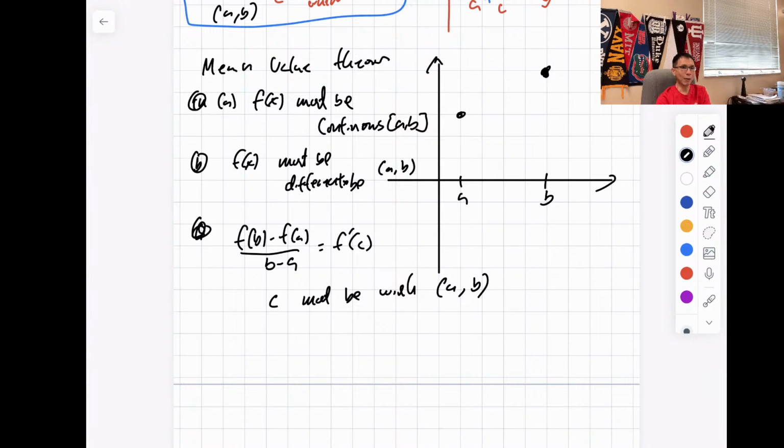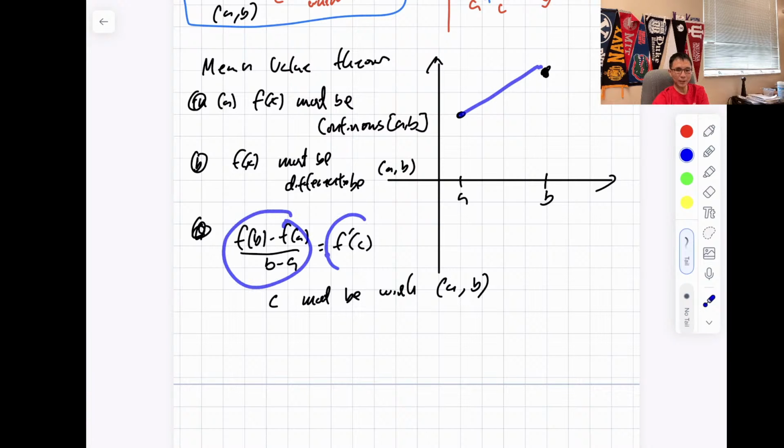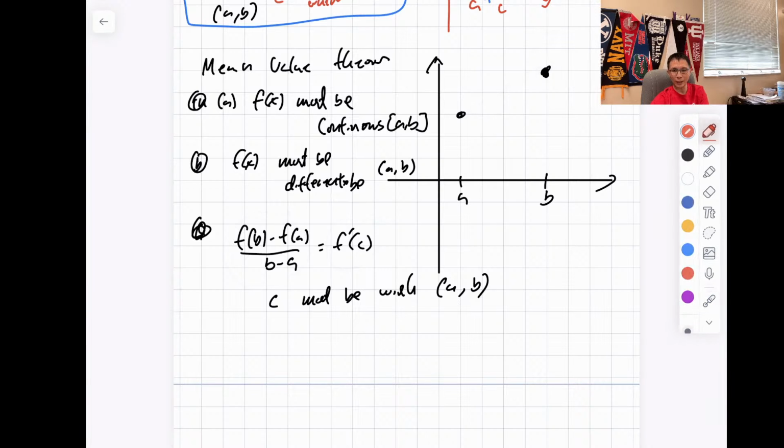Now why is that? If it's a continuous function, and my easiest function is a straight line, the slope of this and this are equal. Does that make sense? Because if I take the slope of this and the slope of this, it's still the same thing. But usually you're not going to get an equation like that.